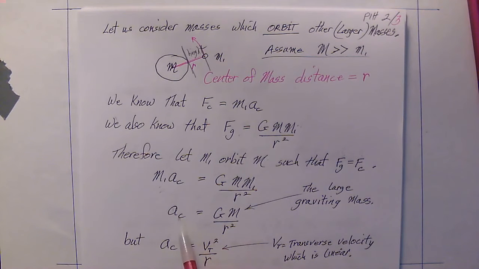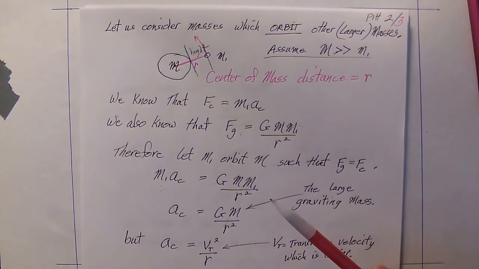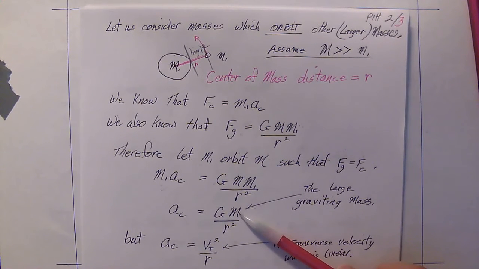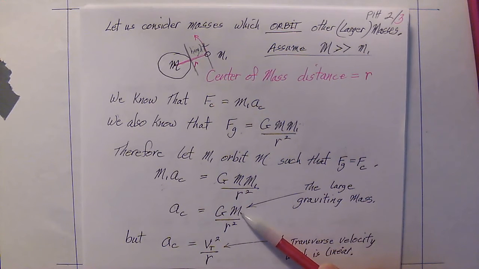So the gravitational force is causing a centripetal acceleration, so that it's GM over r squared, where M is the large gravitational mass. And the reason I point this out, because if you're orbiting the sun, then this is the mass of the sun. If we have a satellite or the moon orbiting the Earth, then this is the Earth's mass. So whatever the gravitating mass is, the large mass that's providing the centripetal force, that's what the M is.